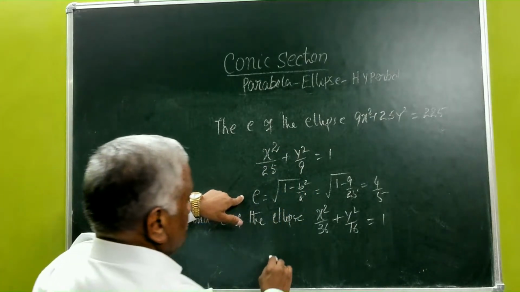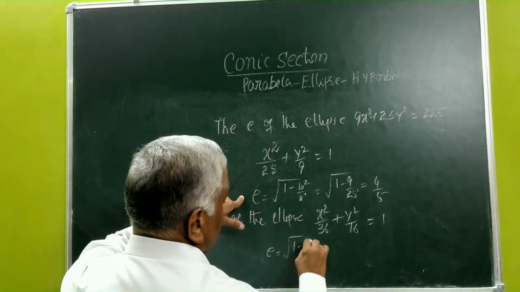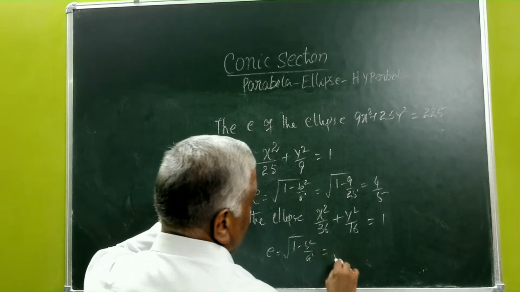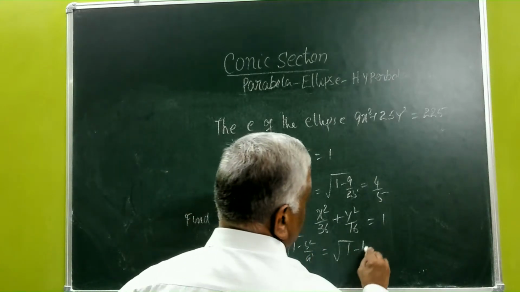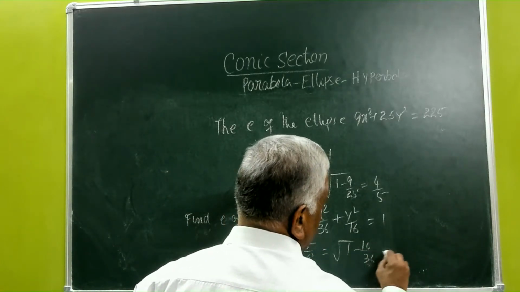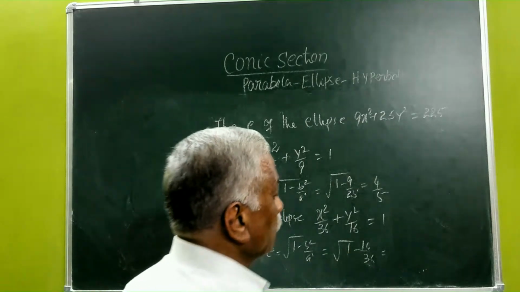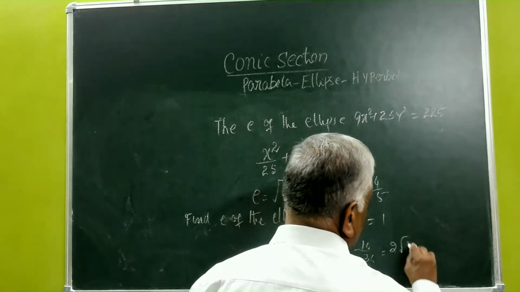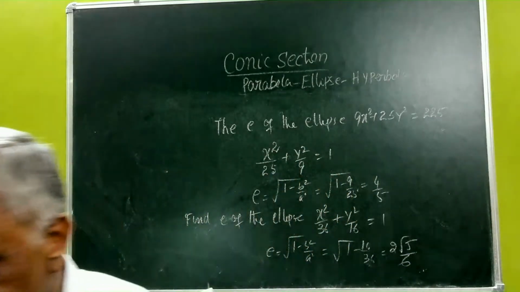Same formula, 1 minus b square by a square, 1 minus 16 by 36. This is root 5 by 3.